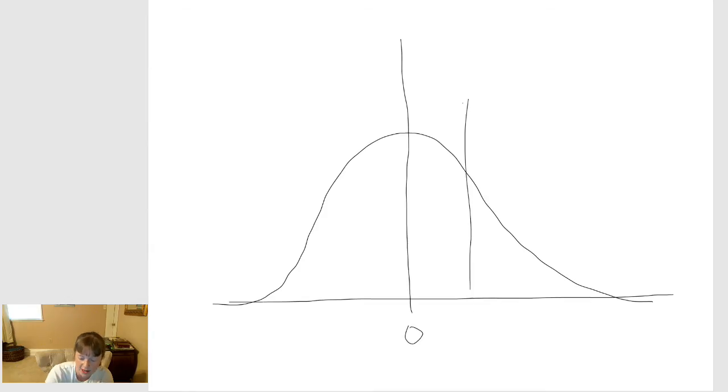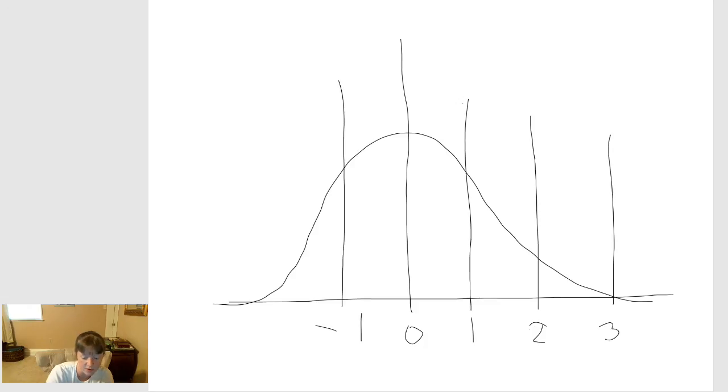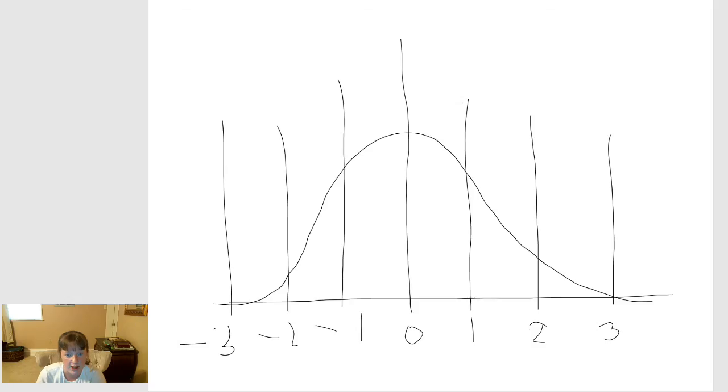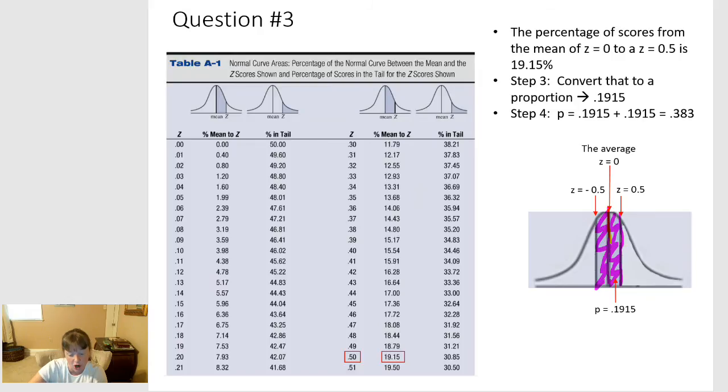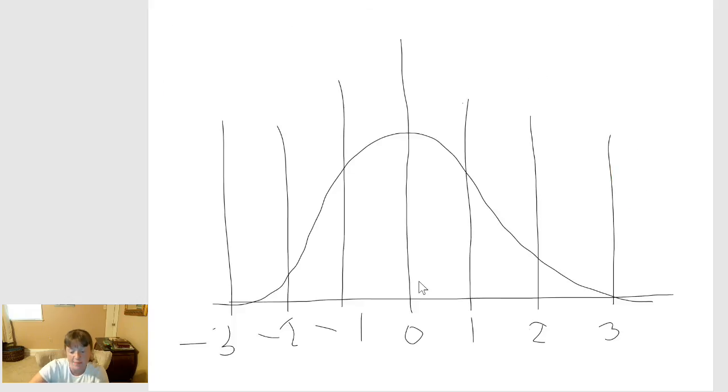Then 1 standard deviation away is going to be here and be 1. 2 standard deviations away is going to be here and be 2. 3 standard deviations away is going to be here and be 3. 1 standard deviation over here, negative 1. 2 standard deviations over here, negative 2. 3 standard deviations over here, negative 3, right?